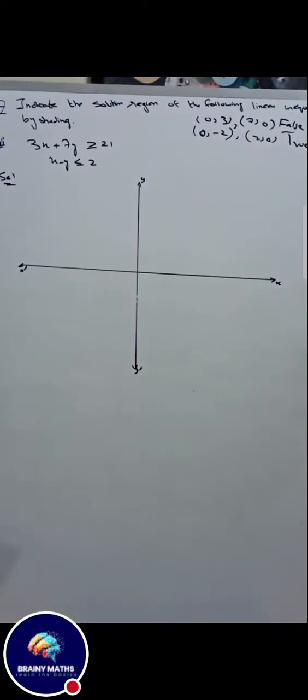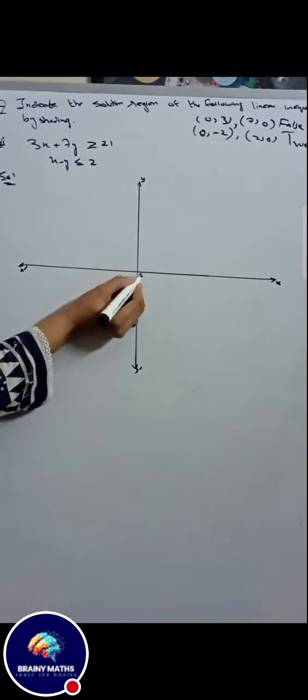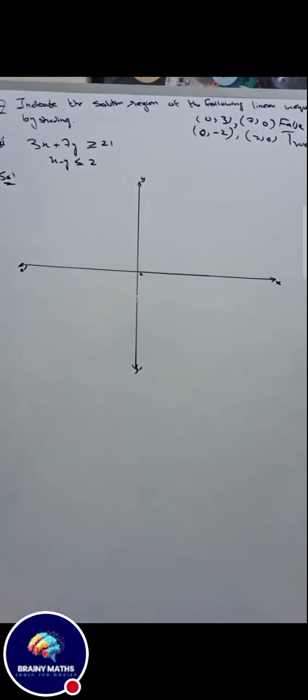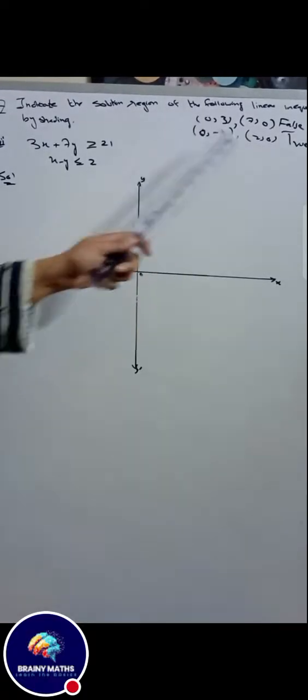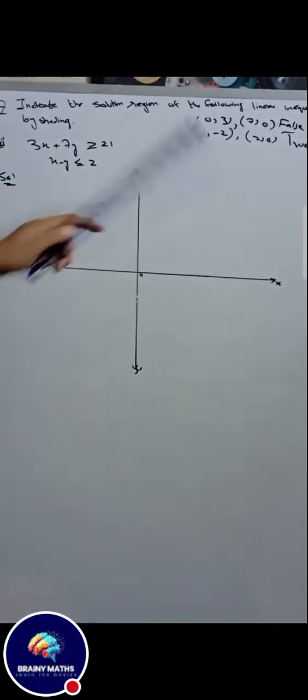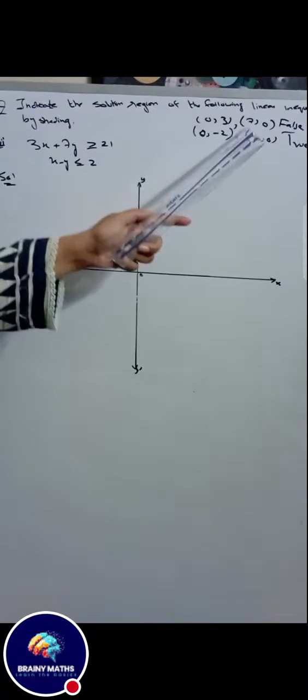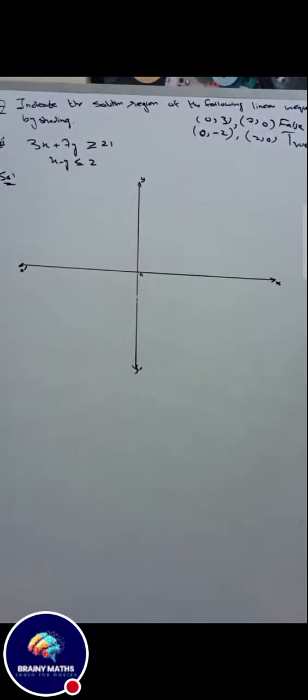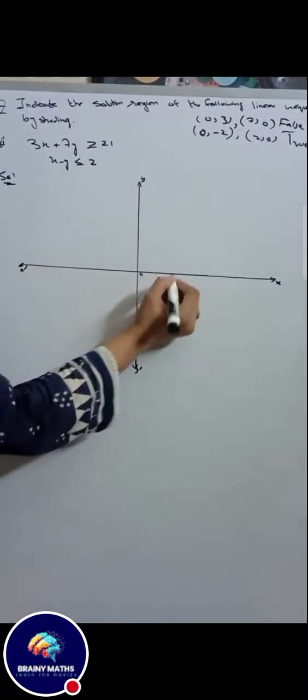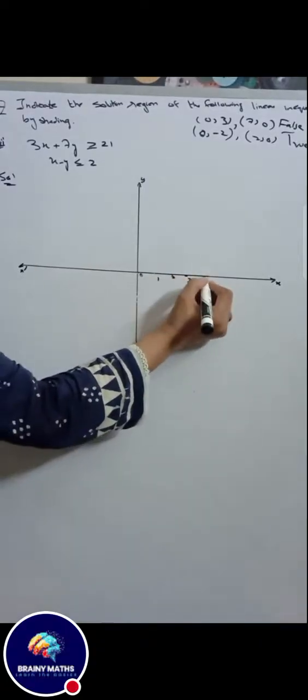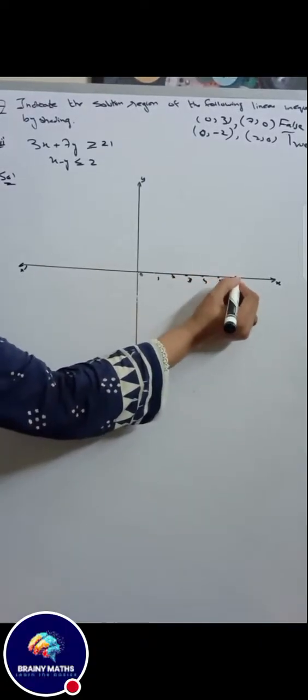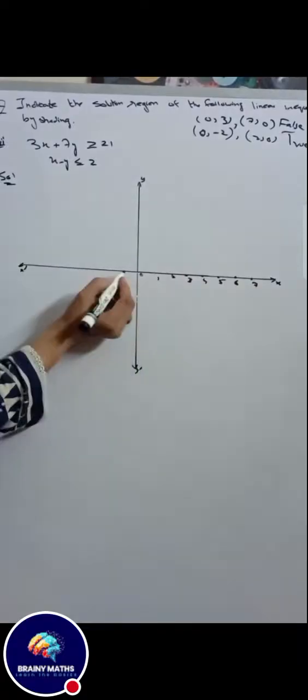So the first one, with the origin, is false. Alright. Now we have to represent the points (0, 3), (7, 0), (0, -2) and (2, 0). From this I have found that x is 7 or 0. So I take the rest up to 7: 1, 2, 3, 4, 5, 6, 7.